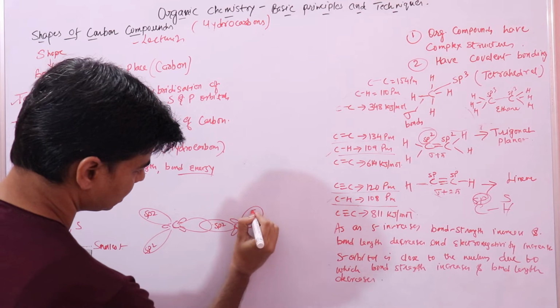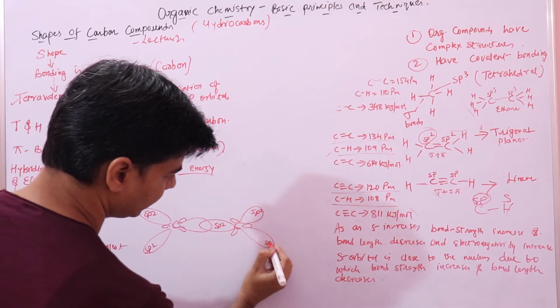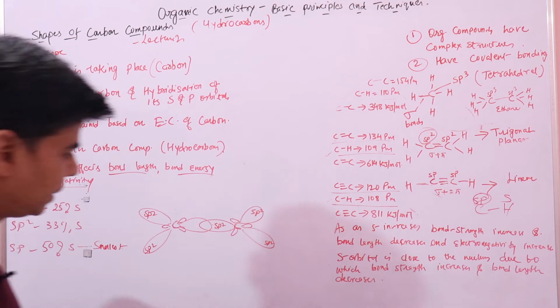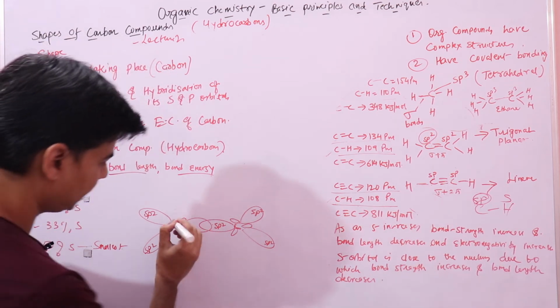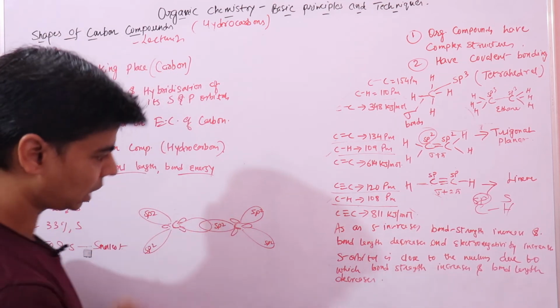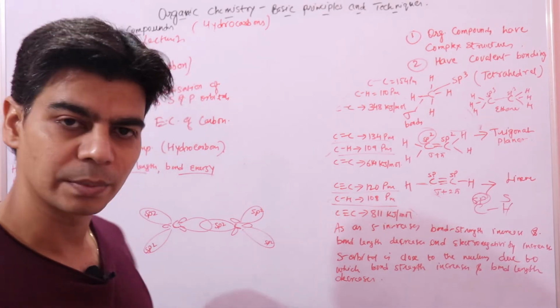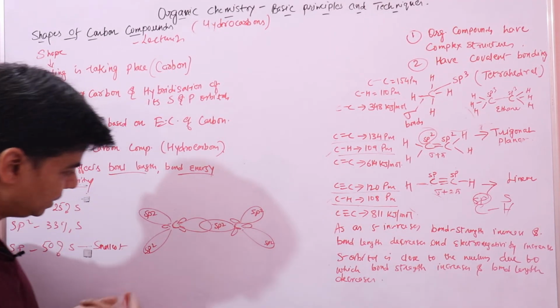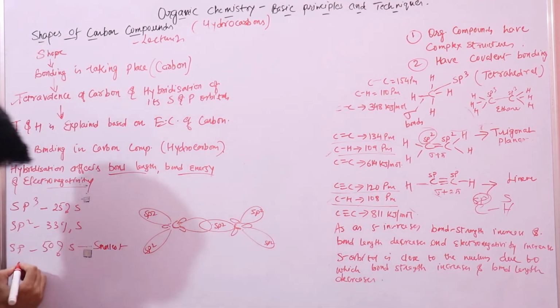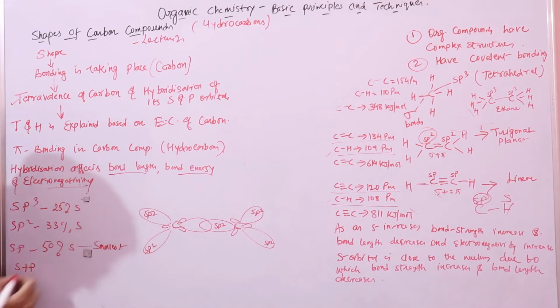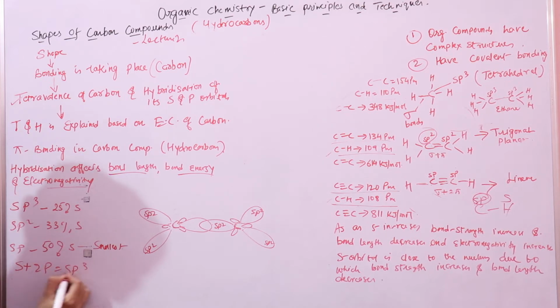So this carbon is sp2 hybridized, and these are sp2 hybrid orbitals. For hybridization, you can check the detailed lecture of chemical bonding on hybridization. And there is one in both the carbon atoms. We know that carbon has 3 p orbitals and 1 s orbital. So here in sp2 hybridization, 1 s orbital will merge with 2 p orbitals to make 3 sp2 hybrid orbitals, right?